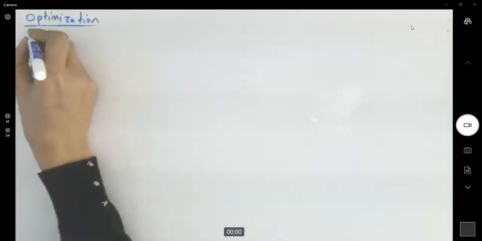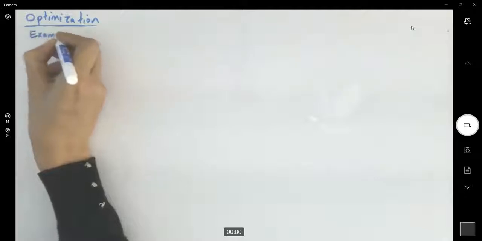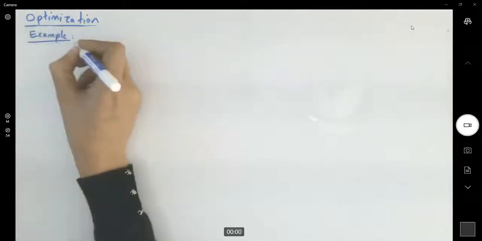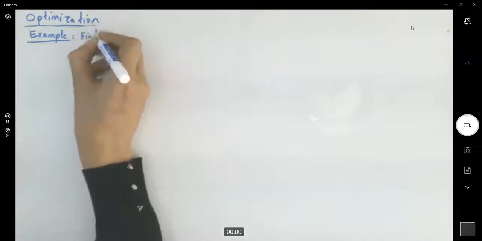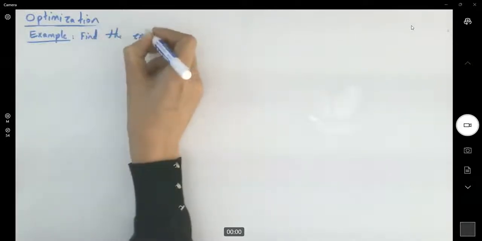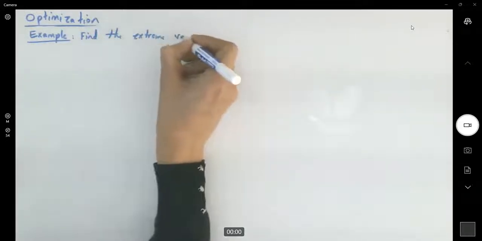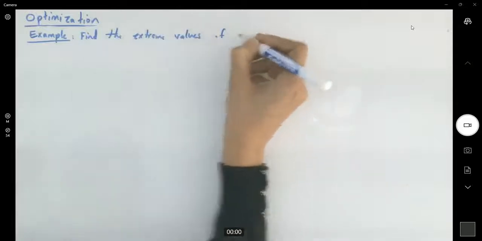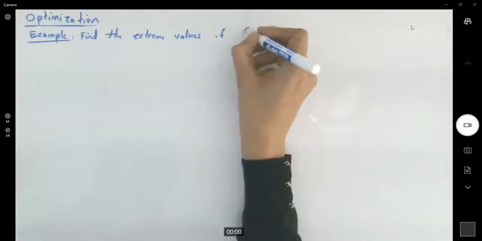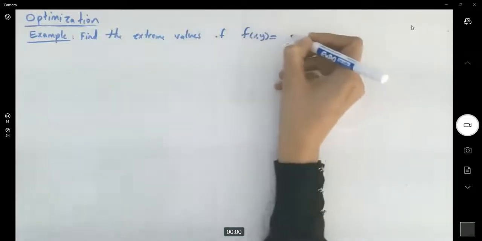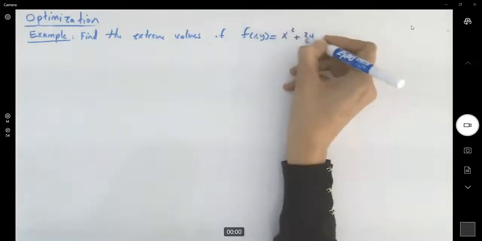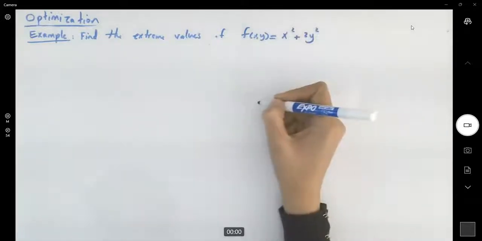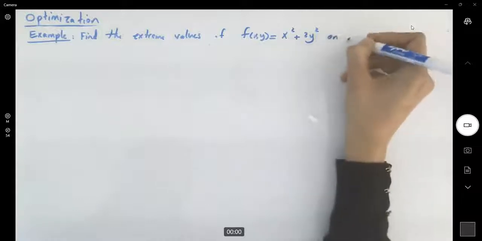Another Lagrange multipliers example. In this example, we have the following. Find the extreme values of the function given to you, f of x and y, the paraboloid x squared plus 2y squared, on a circle.